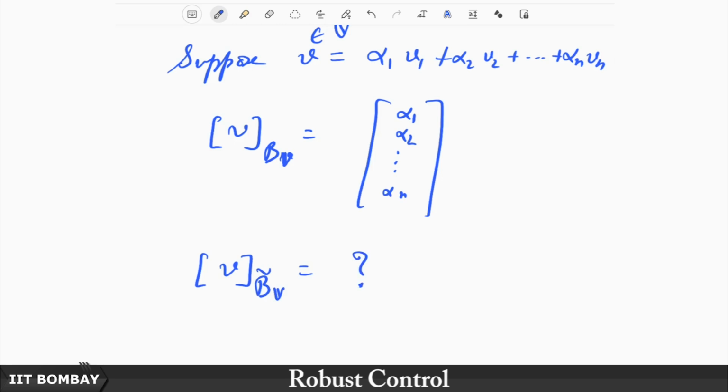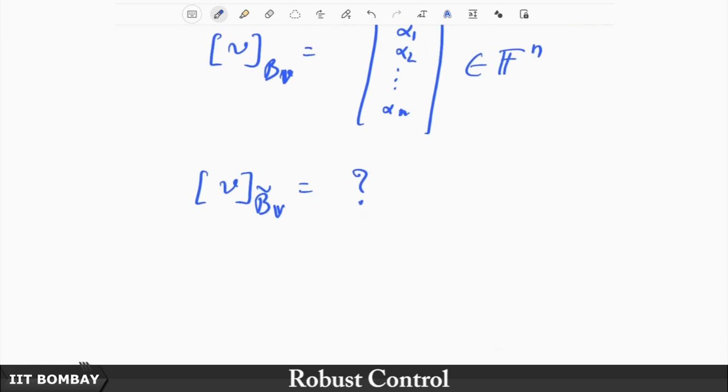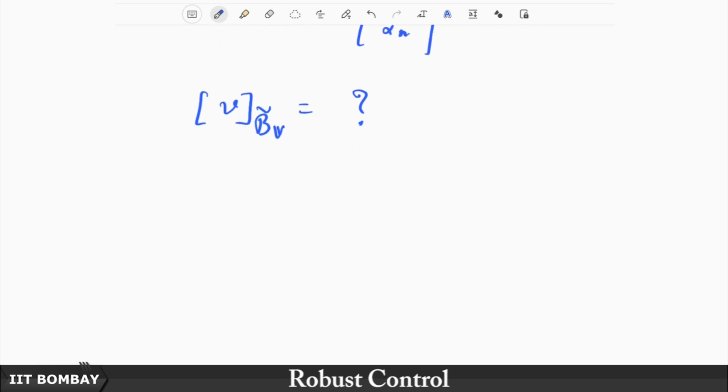So, given that I have information about what its representation as an n tuple in terms of the old basis is, I want to find out what should be its representation in terms of the new basis. What other information have I been given? The additional information I have been given is that every element in the new basis can be represented in terms of elements in the old basis in the following fashion.